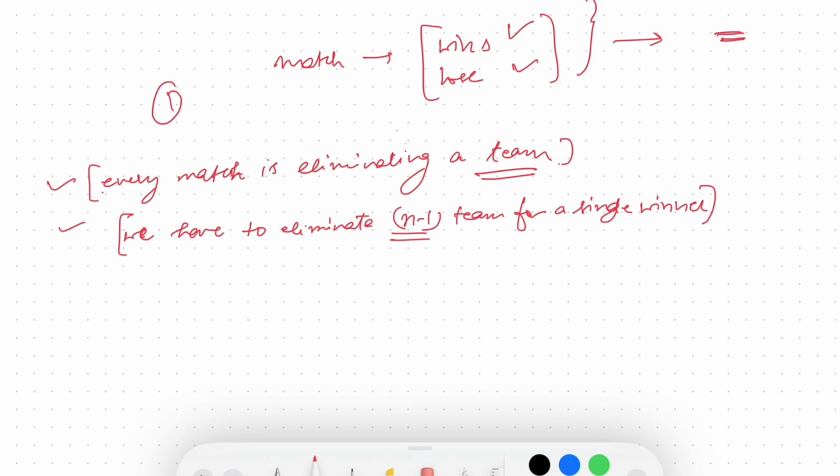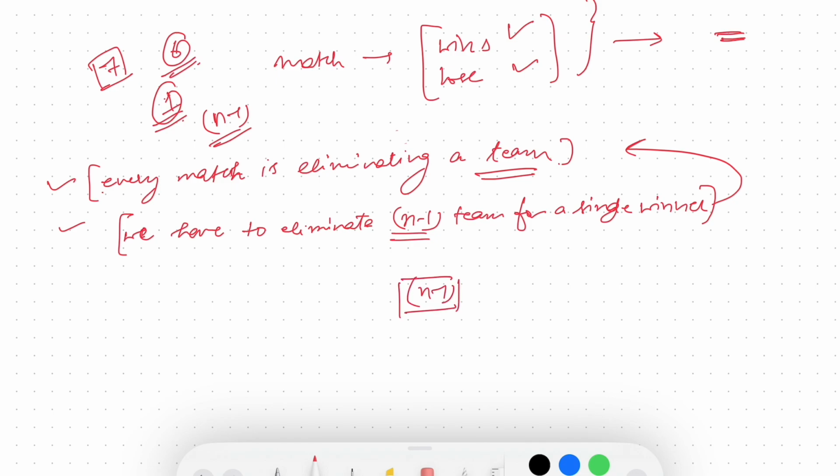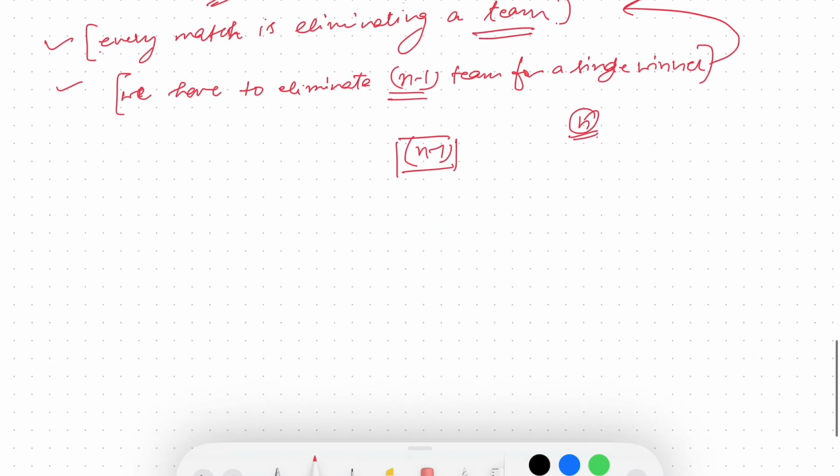Because we want one winner, we have to eliminate n minus 1 teams. Let's say if we are given 7 teams, we have to eliminate 6 teams. And with every elimination there is one match happening. So we can directly say that there are going to be n minus 1 matches with n teams given to us. So we can directly return n minus 1. This can be our answer.